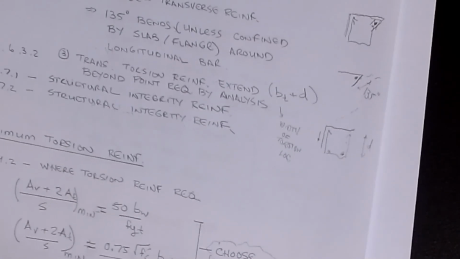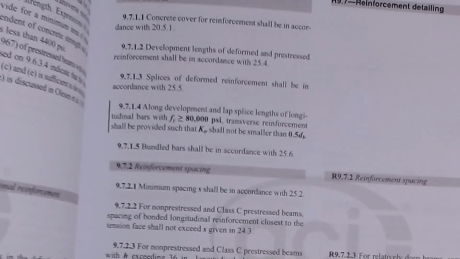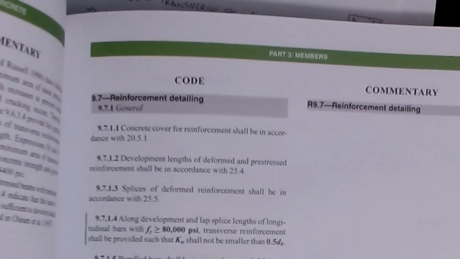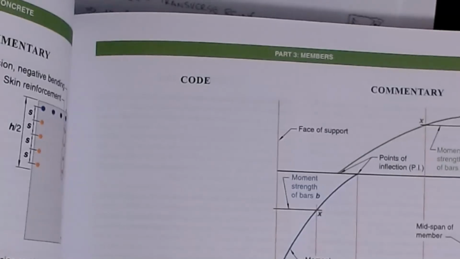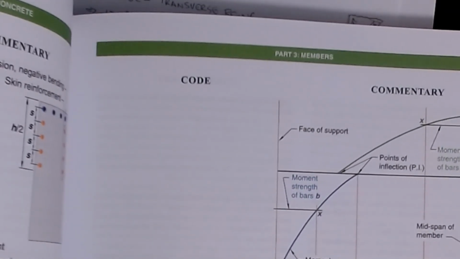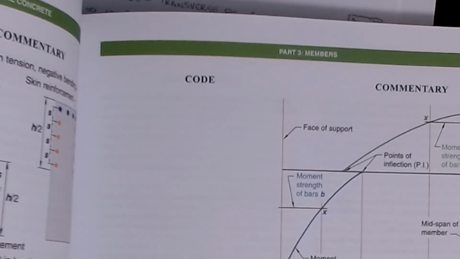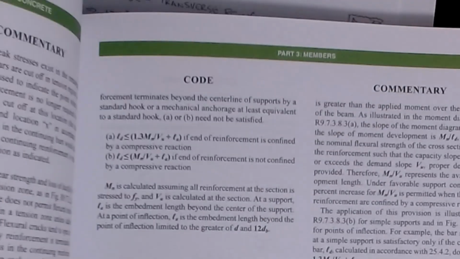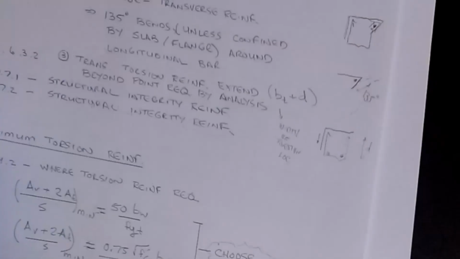We're now looking in a section up here in which we're talking about reinforcing detailing. Okay, and in particular, we're looking for 9.7, flexural reinforcement for non-prestressed beams. Okay, this is the extension that we're talking about, but it's what we want to see. What was the section on that?